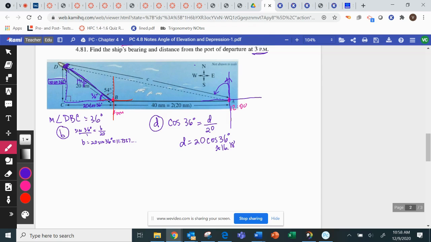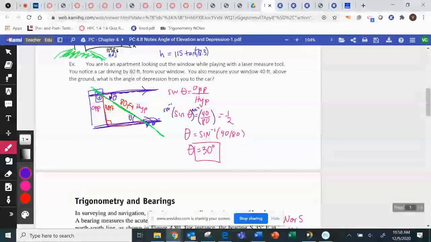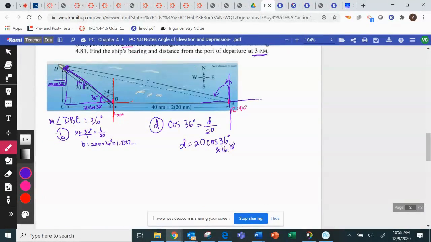I have to find the hypotenuse. And I do have enough information now to find the length from C to A. How do I find the length from C to A? Sorry, I don't know what I just did there. From C to A, how can I find that length? From C to A, how do I find the length from C to A?